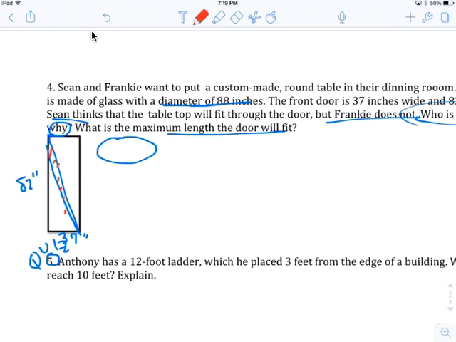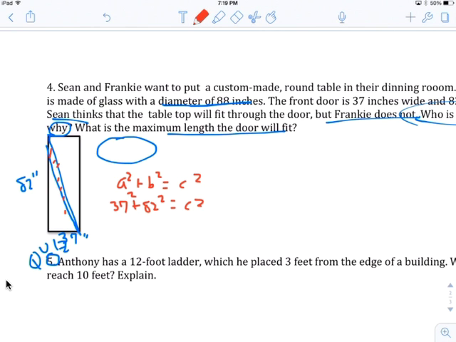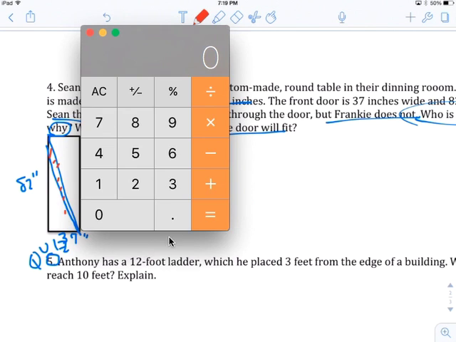Let's see. A squared plus b squared equals c squared. 37 squared plus 82 squared equals c squared. 37 squared is 37 times 37. Uh-oh, wrong one. Sorry. Right next to the calendar. 37 times 37, 1369.